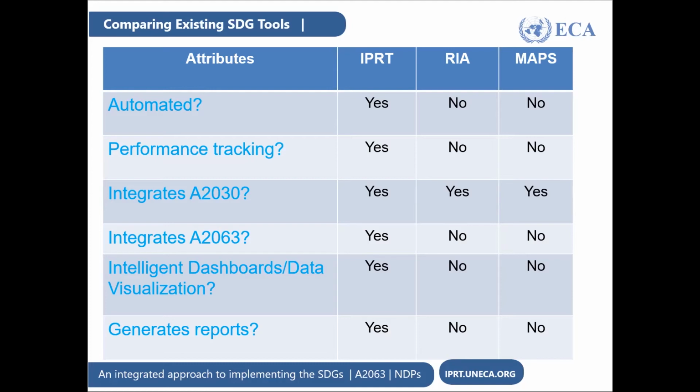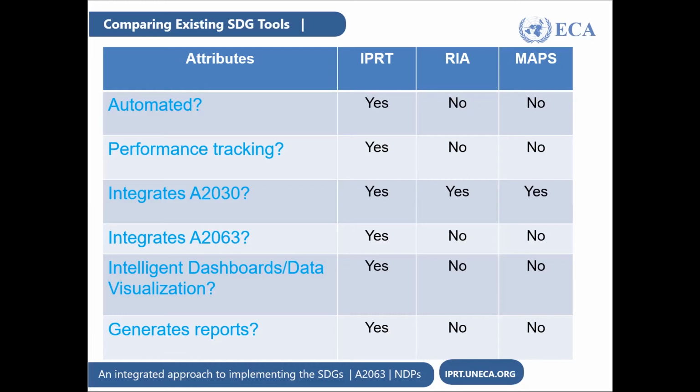Is the toolkit automated? Which one of the tools is automated? You can see that only the ECS IPRT is automated. It's a web-based toolkit. Automation is not found in RIA or MAPS.